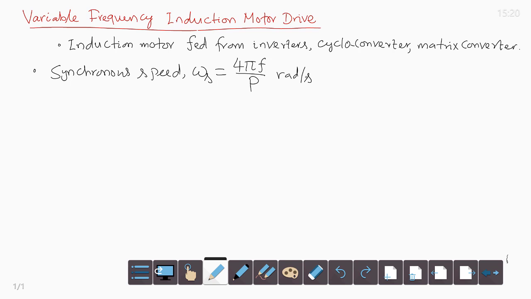This is the synchronous speed, and motor speed is omega m, that is 1 minus s times omega s, where s is the slip. Slip can be varied only in a limited range, and because synchronous speed is directly proportional to frequency, by varying the frequency, synchronous speed can be varied over a wide range, and hence motor speed can be varied over a wide range. Motor speed can be varied from 0 speed to very high speed.